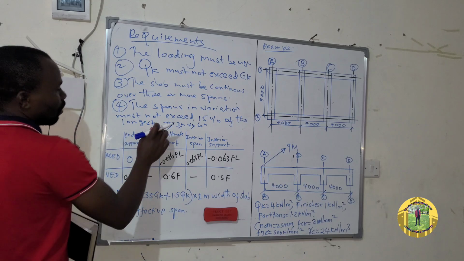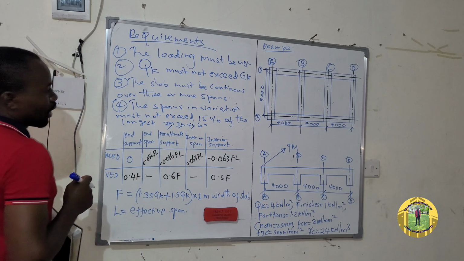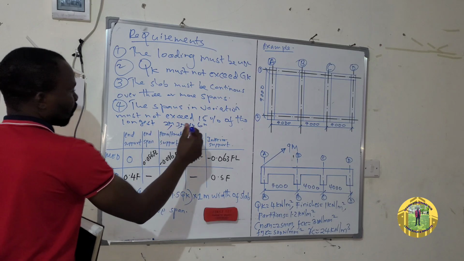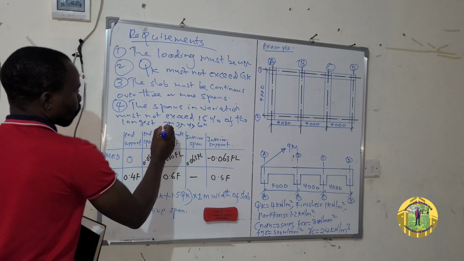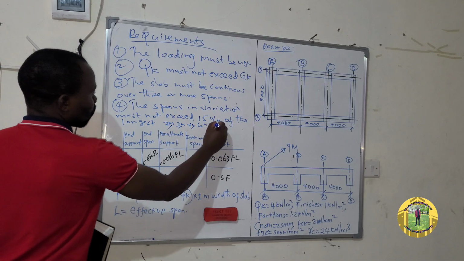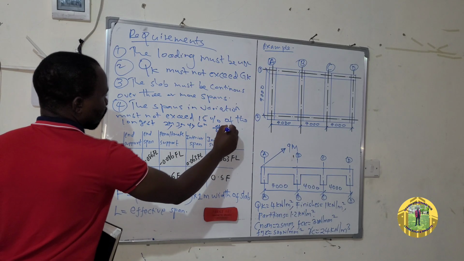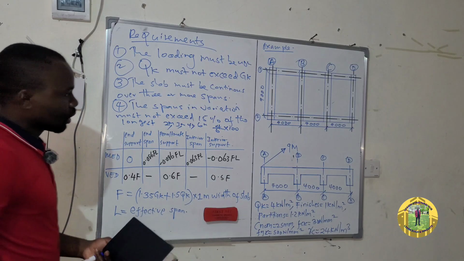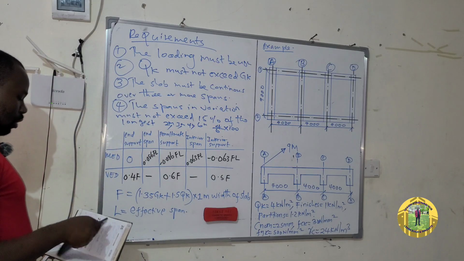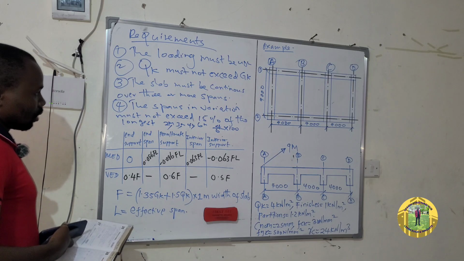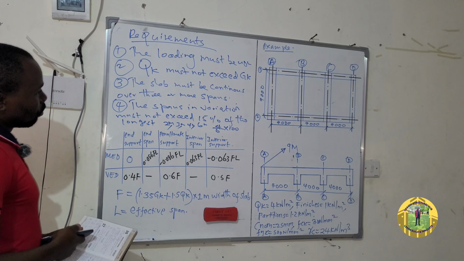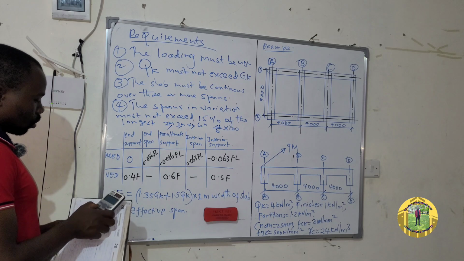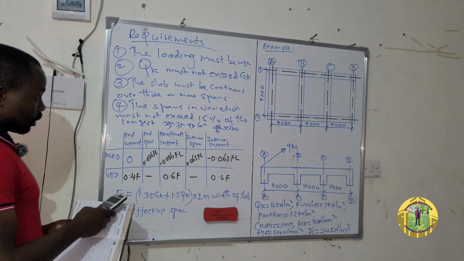You get the variation between 2 and 6. 6 minus 2 is 4. So 4 over 6 times 100%. What is the variation in length? If the variation exceeds 15%, then we should not use this method. So this is 4 over 6 times 100.